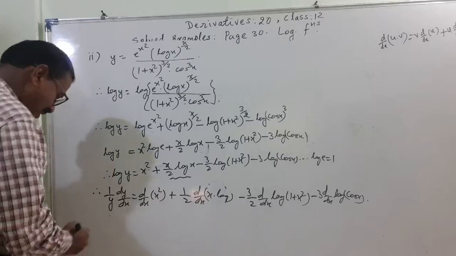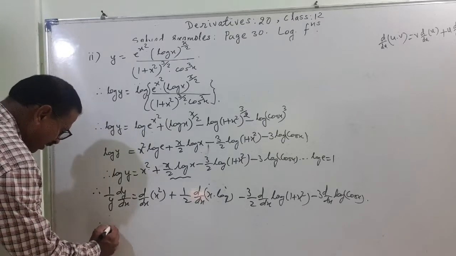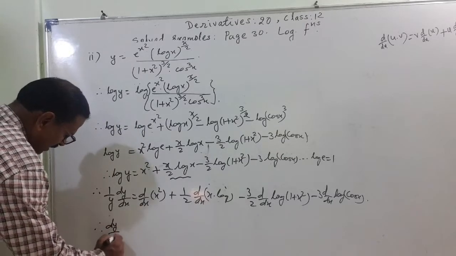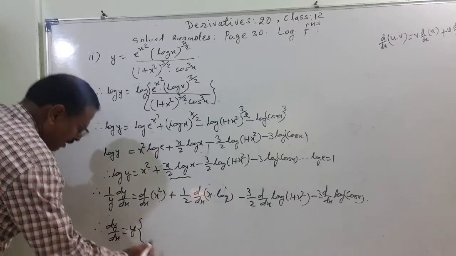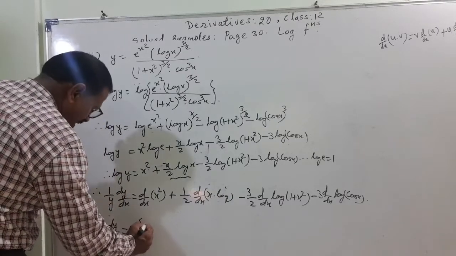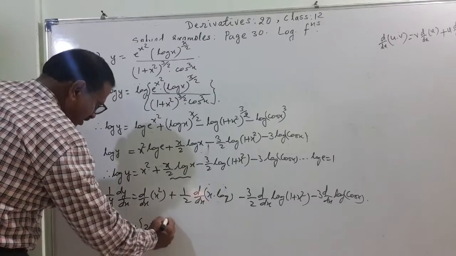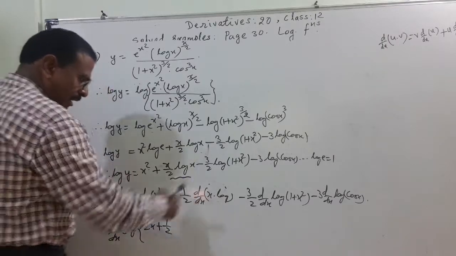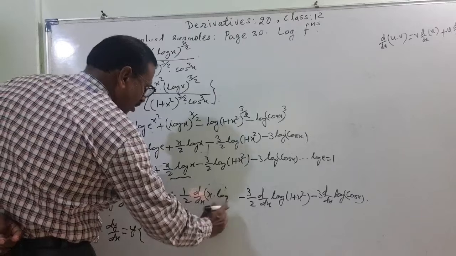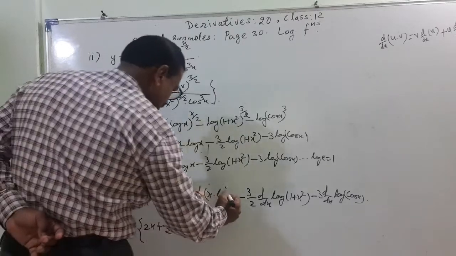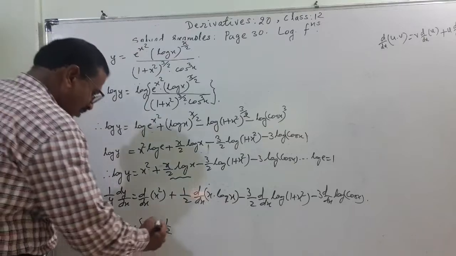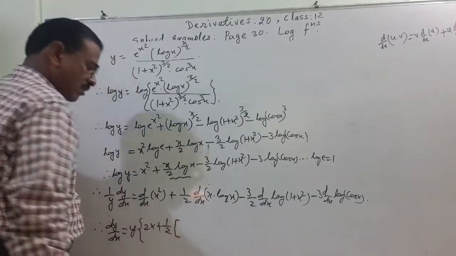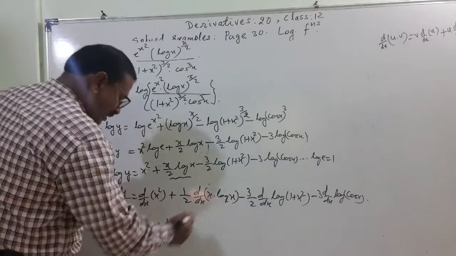Now the final step I will write here. Next step, dy by dx is equal to y into derivative of x square, which is 2x, plus this is 1 upon 2 as this is log of x. As per the u into v rule I will go. So this is u. Take this as a constant.